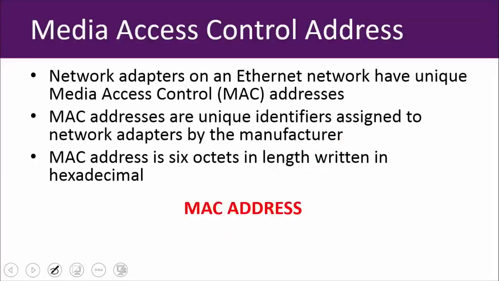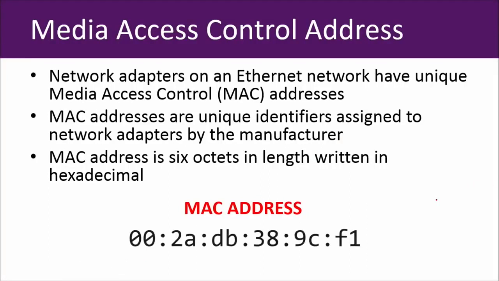Okay? A MAC address, so if we take a look back at the screen here, is 6 octets in length, written in hexadecimal format. And so you might be like, what does that mean? Hexadecimal includes 0 through 9, and then A through F. So you have 16 different characters there. And notice here, there are just 6 octets.